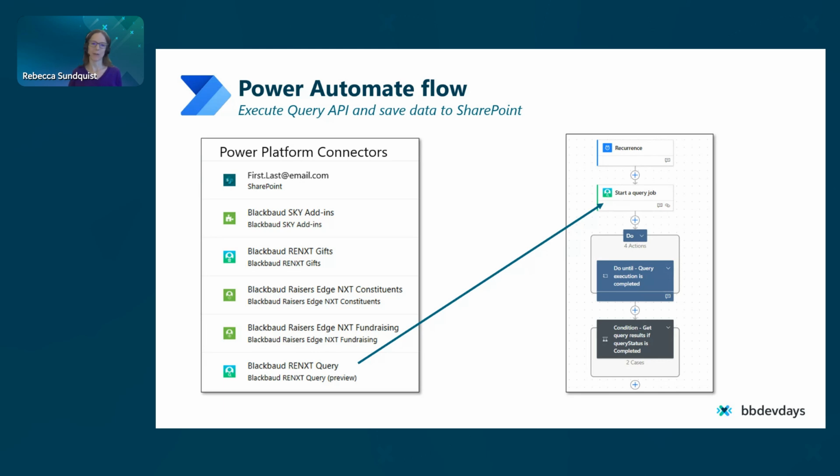Now, you would only need to license the users who are actually building and managing your flows, so that might only be a couple of people in your organization. But here we demonstrate that it is the Blackbaud RENXT certified connector that has the action called Start a Query Job, and that kicks off our flow.